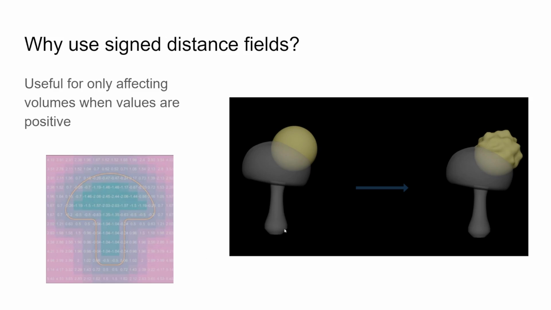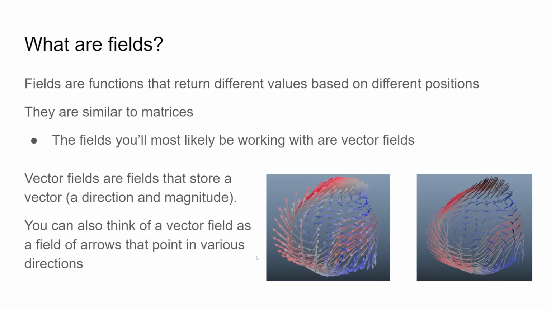Now, what is a field? Fields are very important when working with Bifrost and with working with clouds and simulations because they allow you to define the behavior of whatever you're doing. Essentially, the definition of a field is a function that returns different values based on different positions.